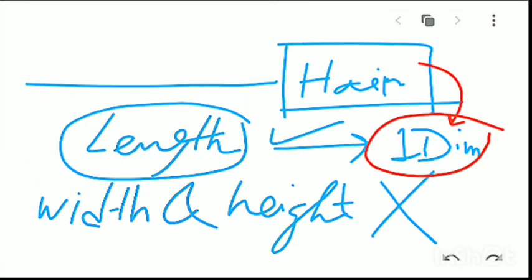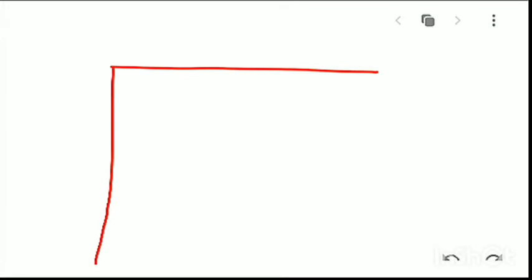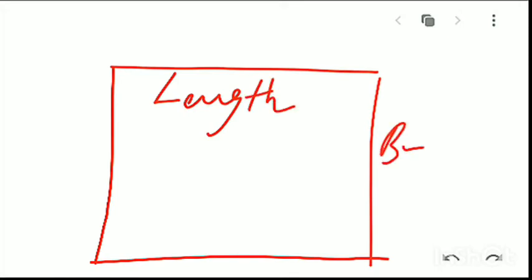Similarly, if I am looking at a square, clear? Any kind of square or rectangle, whatever you take, it has only two sides, length and breadth. But does it have any height? Answer is no. So how many coordinates am I requiring?